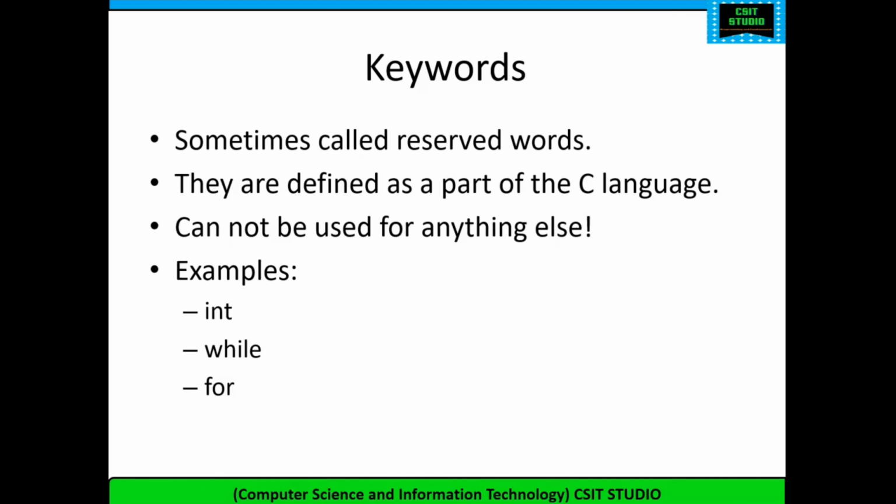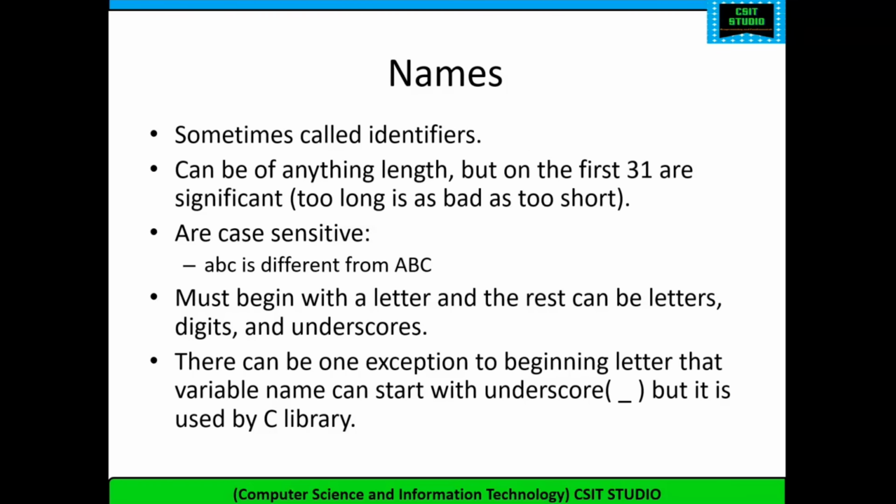There are special words in C which are called reserved words or keywords. They are part of the C language and we cannot use them for any other purpose. Soon we'll see various reserved words. Then names or identifiers. These are the values that we can assign for our purposes. Soon we'll see.